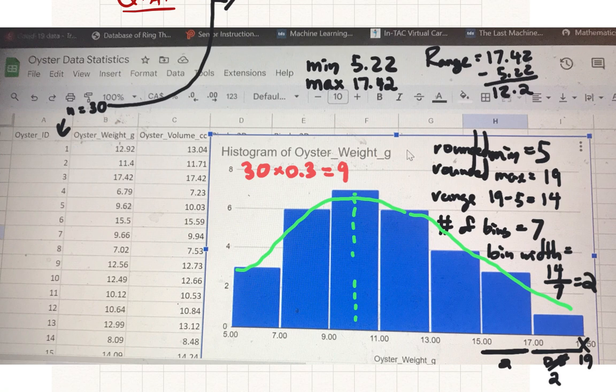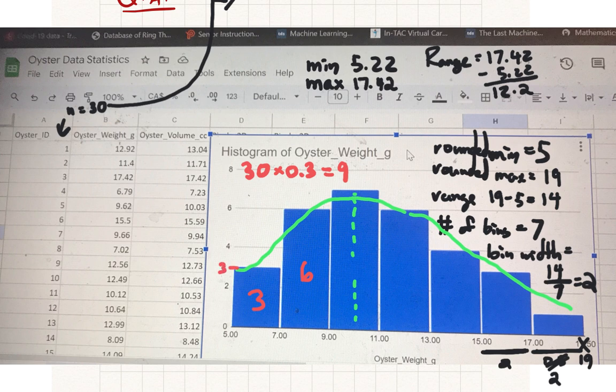So if we look here, our histogram easily tells us that there are 3 oysters that have weights between 5 and 7 grams, 6 oysters that have weights between 7 and 9 grams. And you can see that here if we look at the top of the bar.